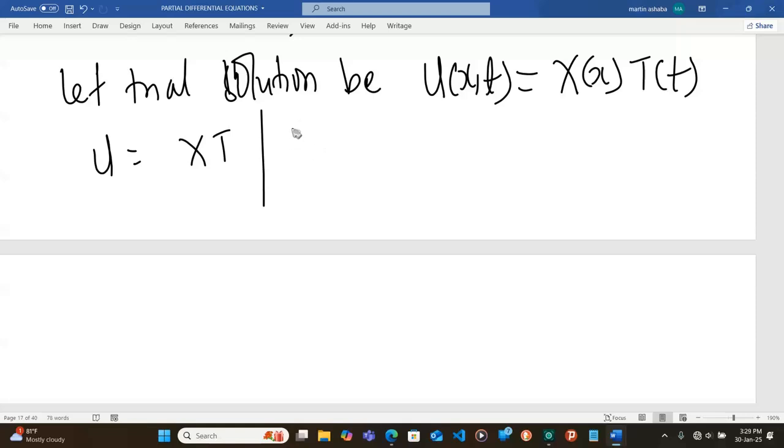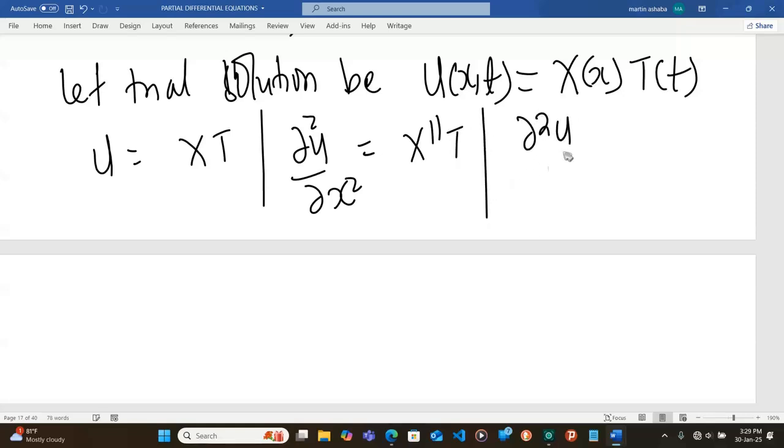So we are going to have del u squared del x squared actually going to equal X double prime T, and if we are talking about del squared u del t squared, this is going to be X T double prime.